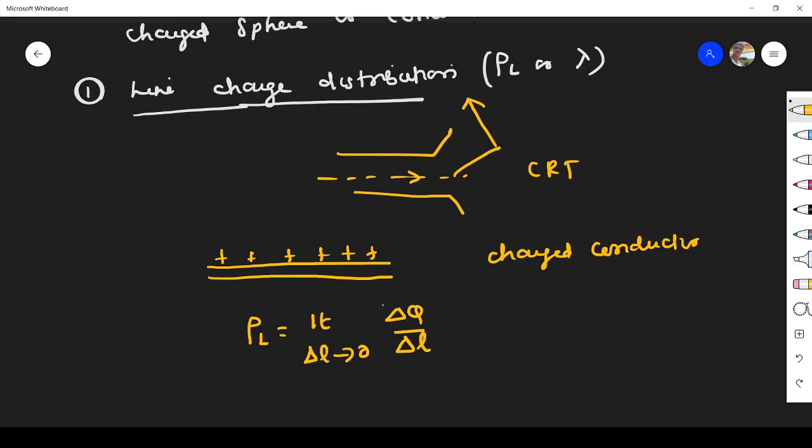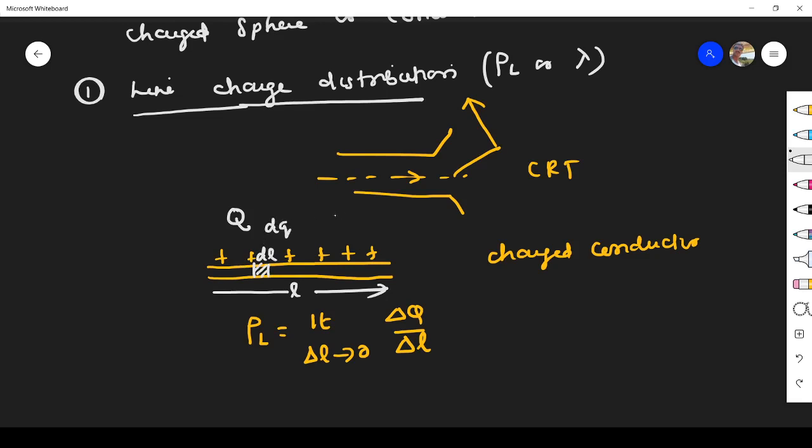So what is that? Let us assume the length of the wire is L, and the total charge distributed in the wire is Q. We take a very infinitesimally small length, this length is dl, and the charge distributed in that is dq.